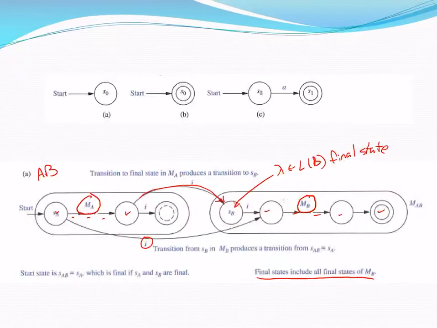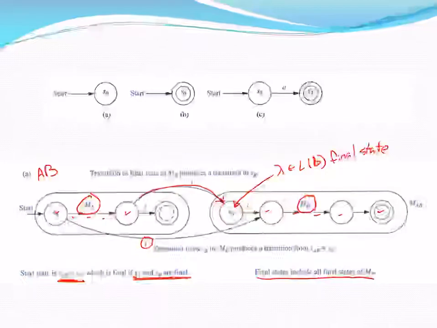And whatever the final states are, this is just an arbitrary machine, and it would have final states wherever language B required. SA becomes the start state for both machines, and it is final if and only if SA and SB are both final. But if SA and SB are not both final, if only SA is final, then we take its finality away, and it just acts as the first state for B. Okay.